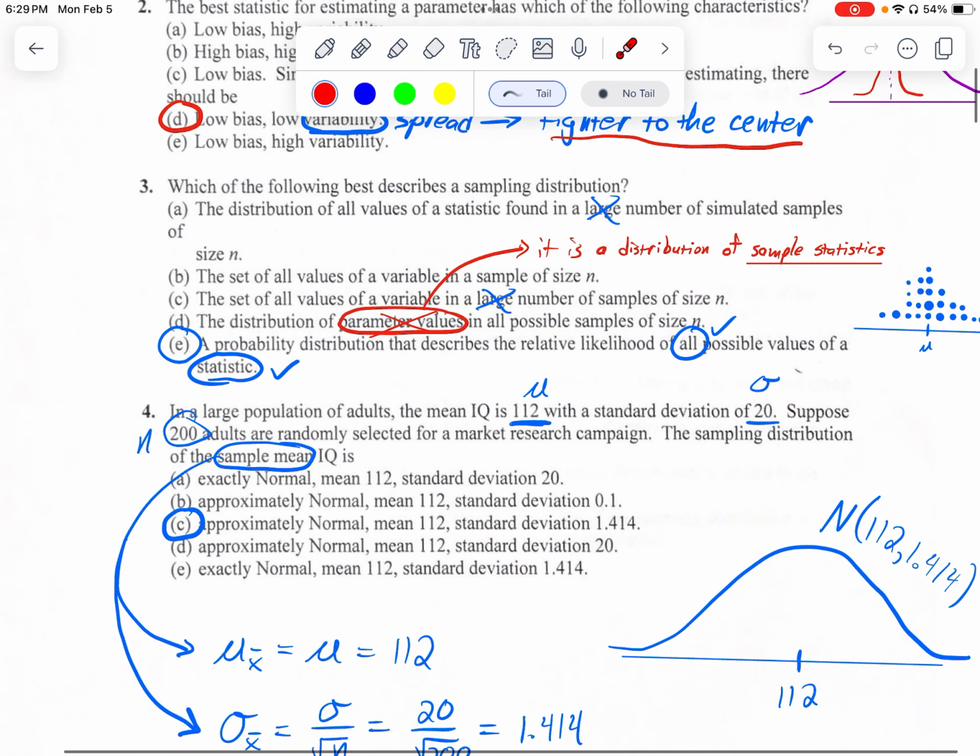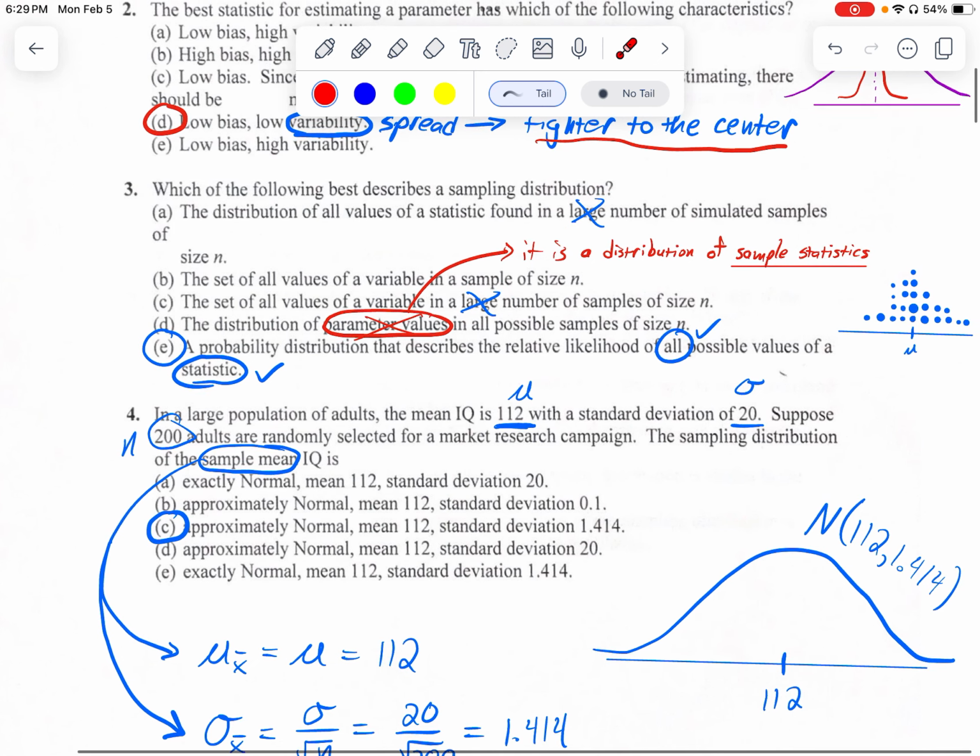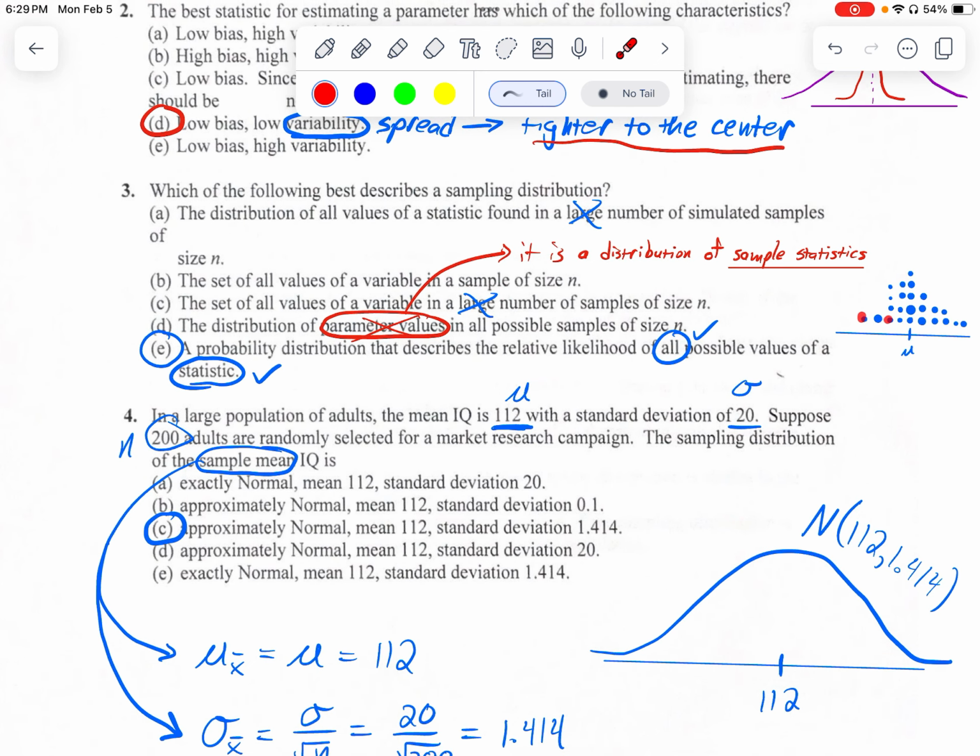Number three, which of the following best describes a sampling distribution? So this is the definition of a sampling distribution. A and C are close, but this is why they're wrong. A sampling distribution is when you put a dot on the board, and we've been doing this a long time.